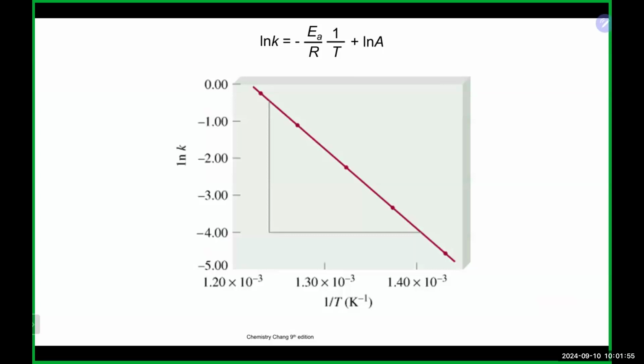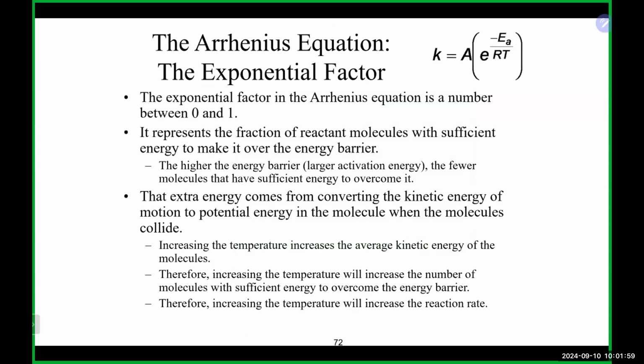All right. So here's a typical curve that you could get from that. As I mentioned before, A is the fraction of reactant molecules that have enough energy to get to the other side.